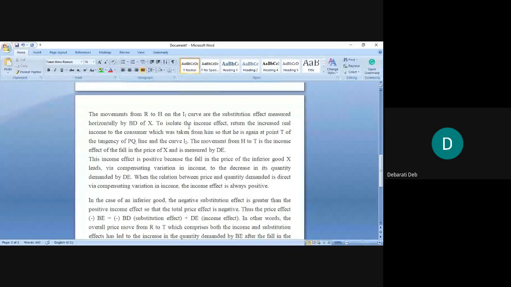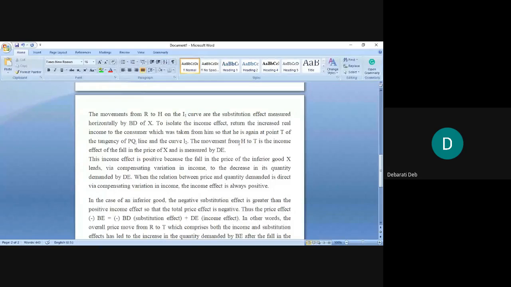What we had taken away, while we drew the MN parallel line to PQ1, was his extra real income. Now we will return this income which was taken away, and then we will isolate the income effect.